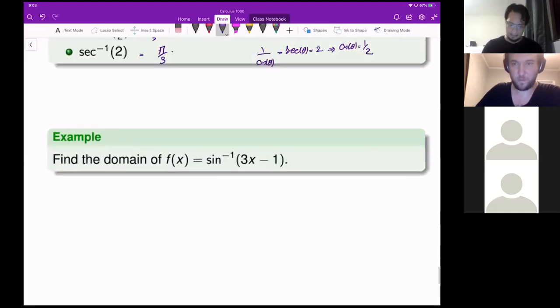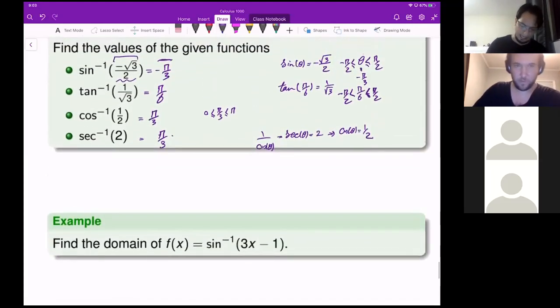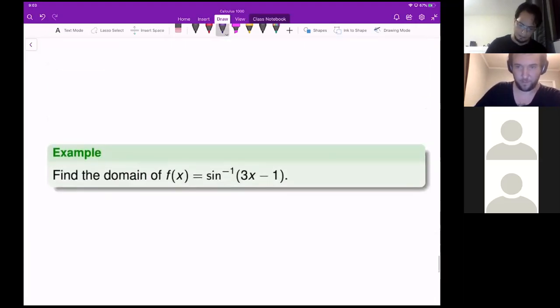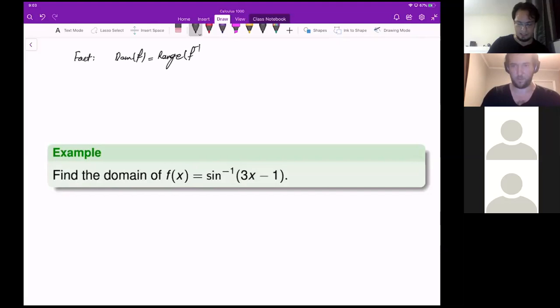So the key point here is always this. This is a fact that you should know: the domain of a function is the same thing as the range of the inverse of that, for a one-to-one function, and the domain of f inverse is the range of f.